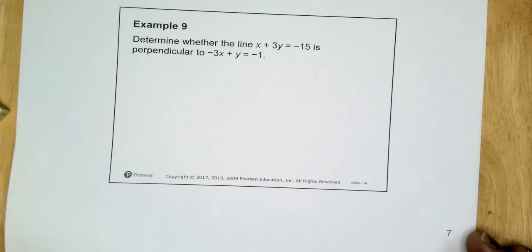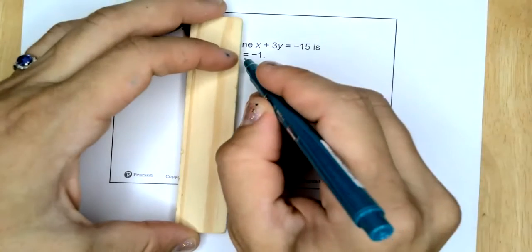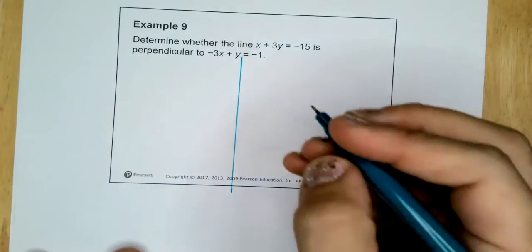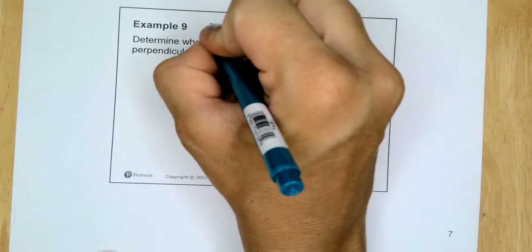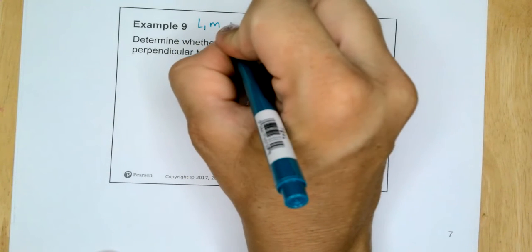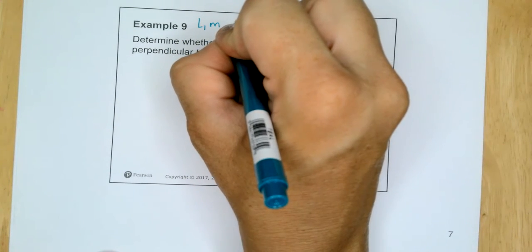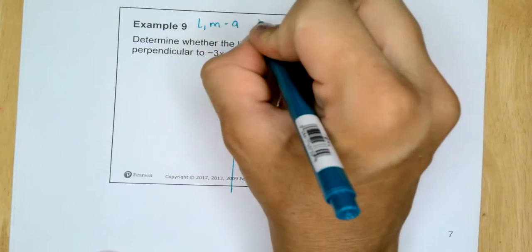Example 9: determine whether the line x plus 3y equals negative 15 is perpendicular to negative 3x plus y equals negative 1. So now for perpendicular slopes, the m of L1 will be a, right?